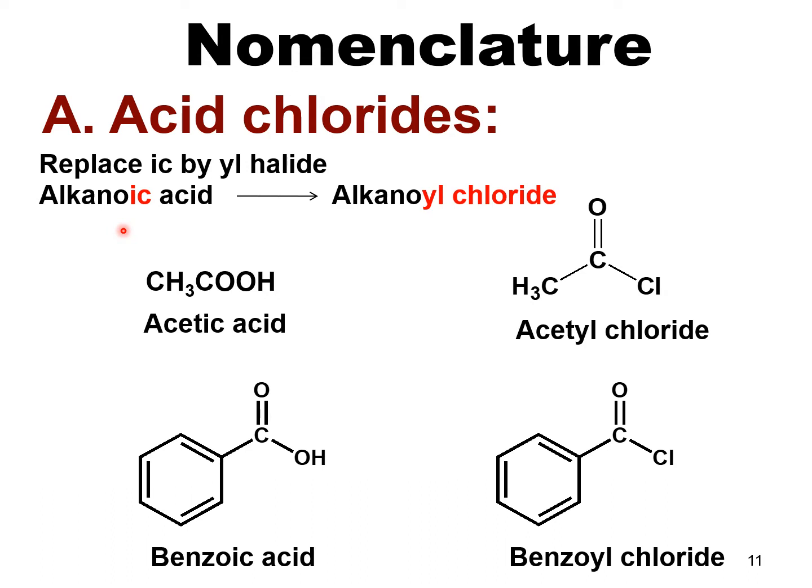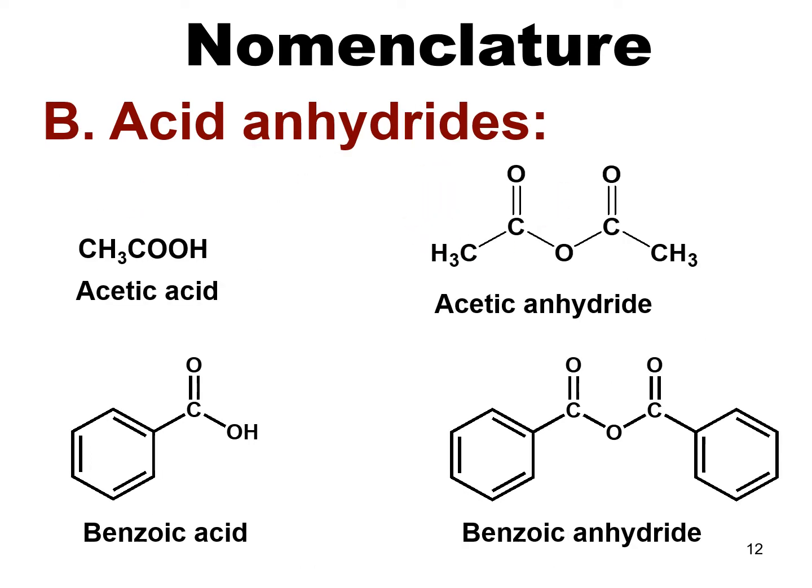If we go through this part, the nomenclature of acid derivatives, quickly on the well-organized slides, we will again see that in case of acid halides, you will remove the IC and you will add the IL and the name of the halogen. In case of anhydrides, you just remove the word acid and you add the word anhydride.